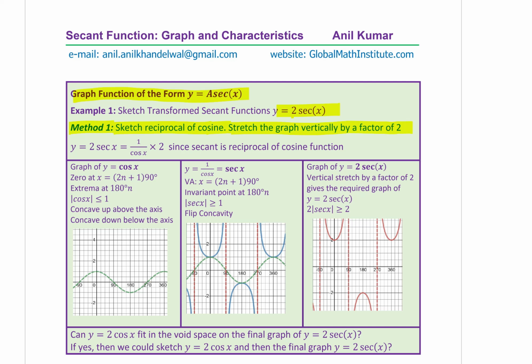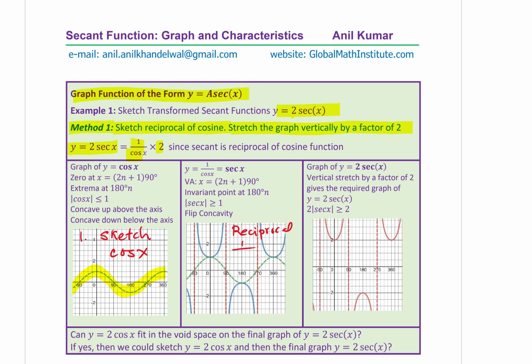So the steps involved will be, if you look at the equation, which is y equals 2 secant x, it is 1 over cos x times 2. So basically, we can sketch the graph of cosine function, which is done here. So that's the graph of cosine function which we have sketched. And then we can actually do the reciprocal of this. So step 1 is to sketch cosine x, and step 2 is to sketch the reciprocal.